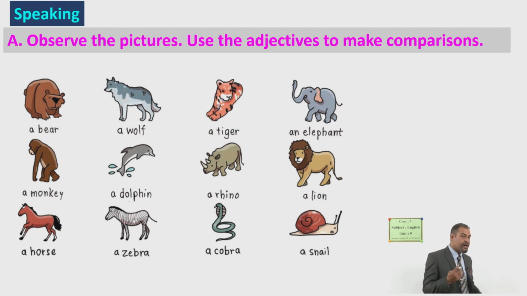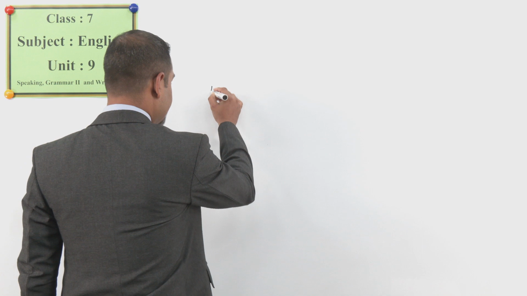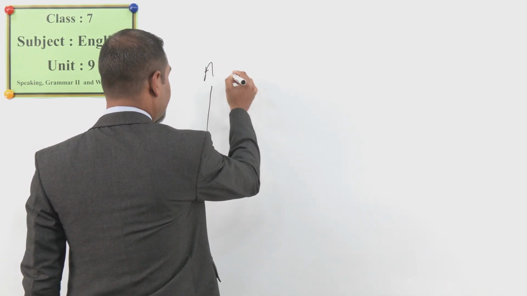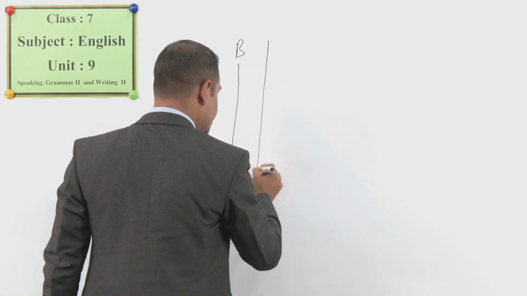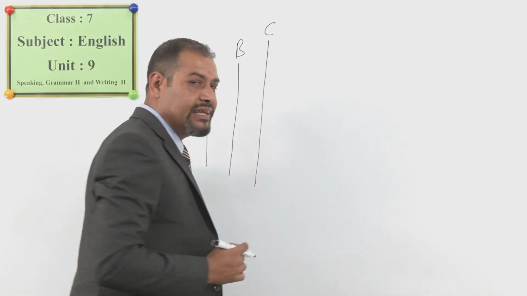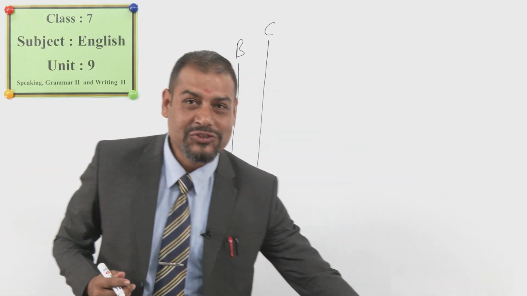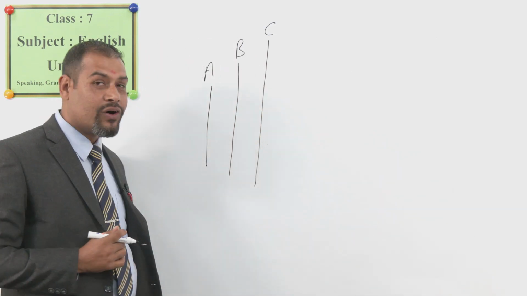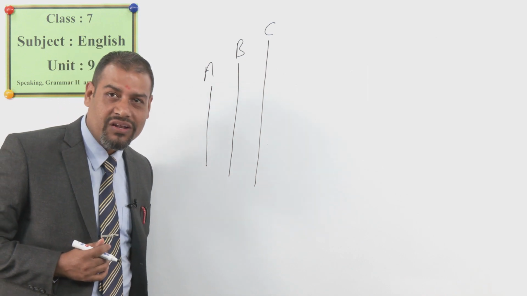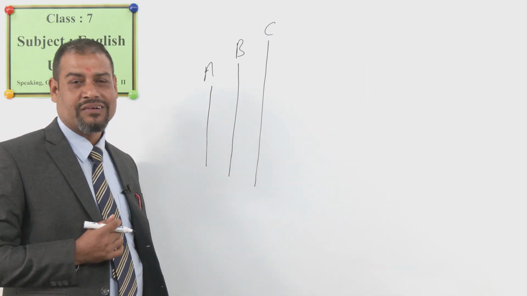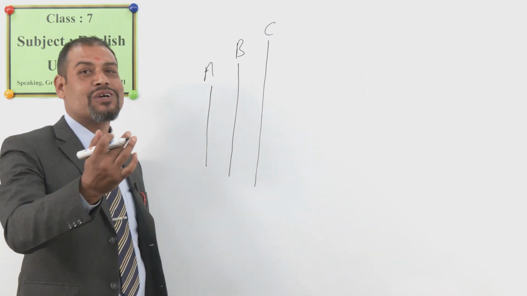Okay? Now look, this is A, this is B, and this is C. If I ask you, who is tall? Can you tell me who is tall here? Oh, you might have said C is tall, but that's wrong because I am going to ask you more questions.